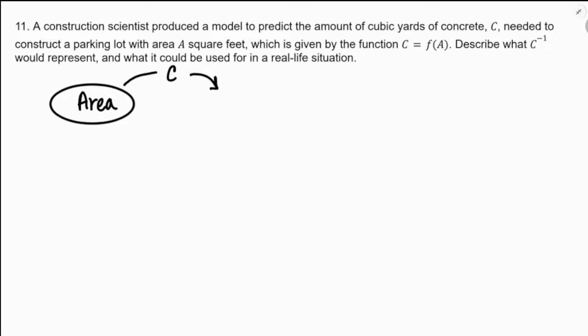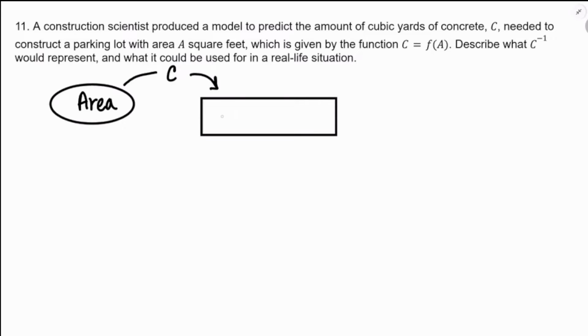That's the one thing about this type of problem I'm not sure about. I get what they're going for here, but I feel like there's still something a little off. Okay, and it's giving us a number of cubic yards of concrete.